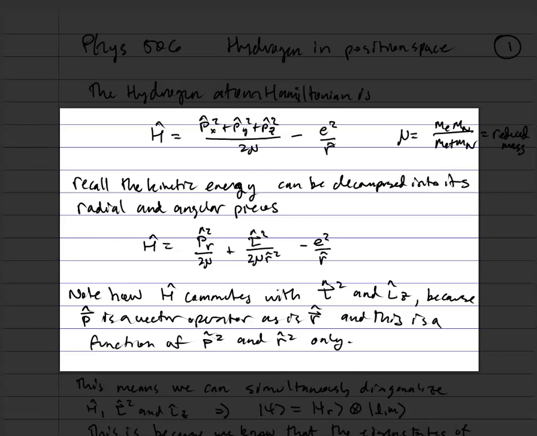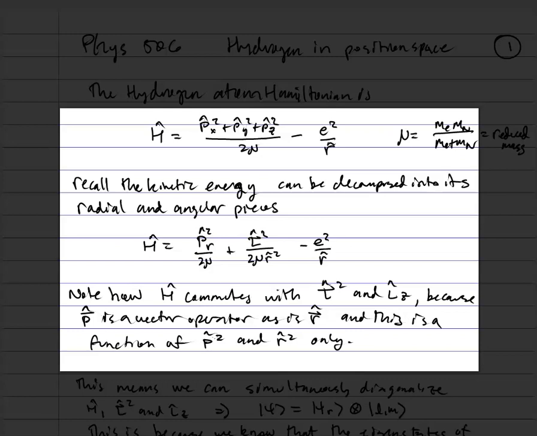The best way of seeing that is in the Cartesian picture, using the fact that P is a vector operator, as is R, and so is L. So vector operators commute with scalar operators, which are P squared and R squared, or the square root of R squared.